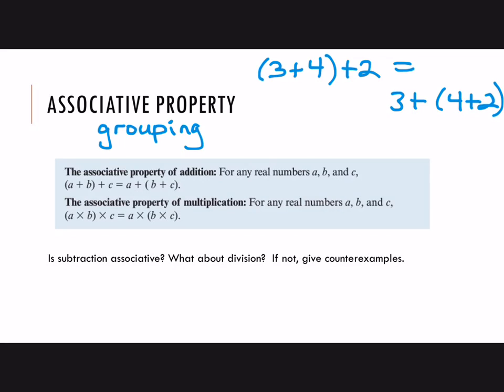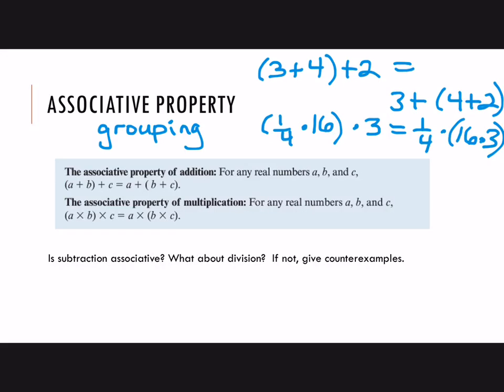We could do, let's see, 1/4 times 16 times 3. And here I've grouped the 1/4 and 16 together. That's the same as if I group the 16 and 3 together and multiply those first.